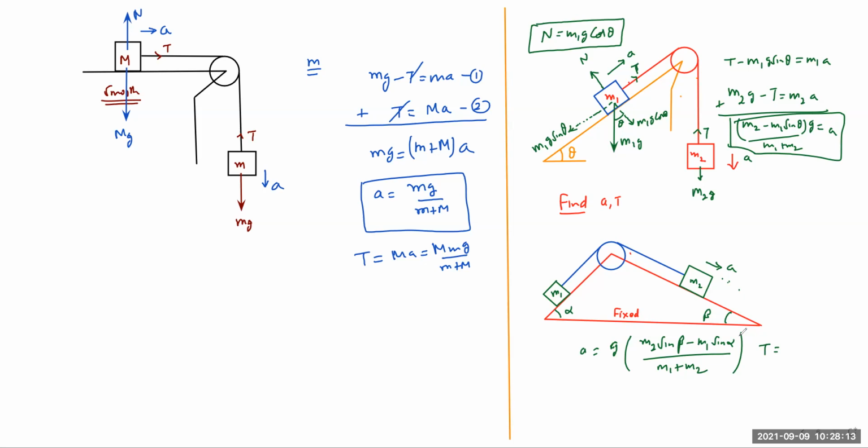Check again. Sir, I got the tension. Sir, m1 m2 g divided by (m1 plus m2) multiplied by (sin alpha plus sin beta). Correct. That's the right answer.